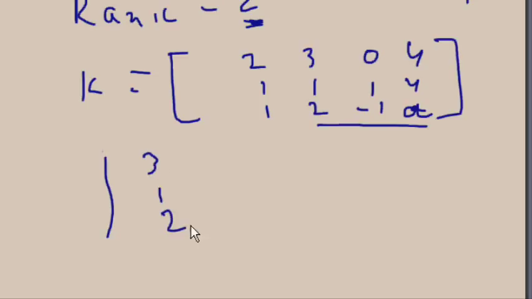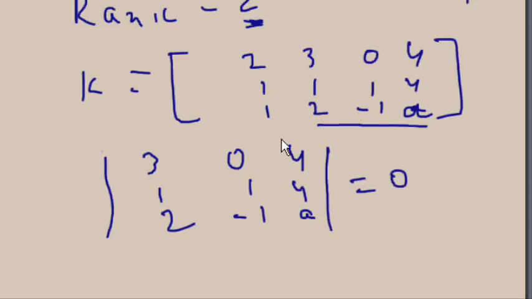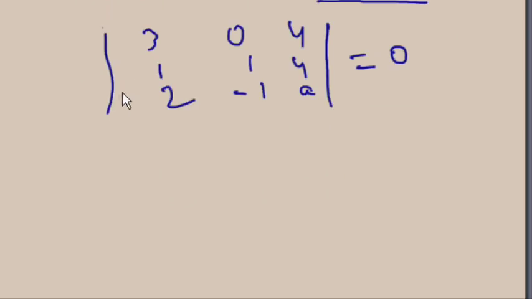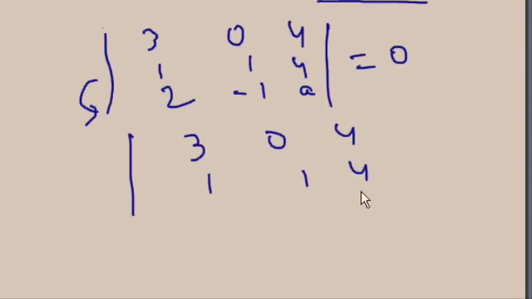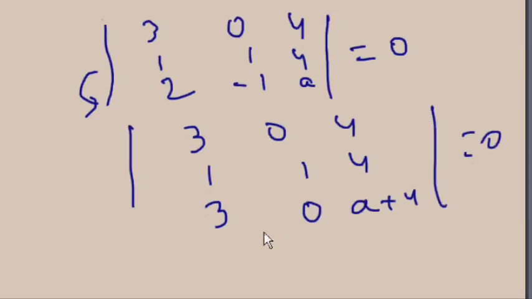The determinant 3 1 2, 0 1 minus 1, 4 4 A should be 0, then only the rank will be 2. Now perform R3 add R2. So 3 0 4, 1 1 4, 3 0 A plus 4 is equal to 0.